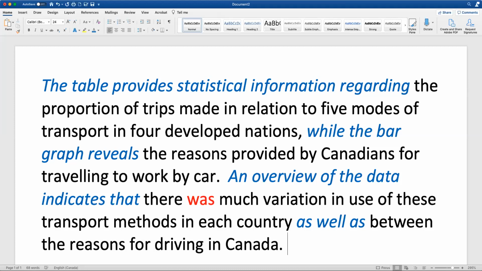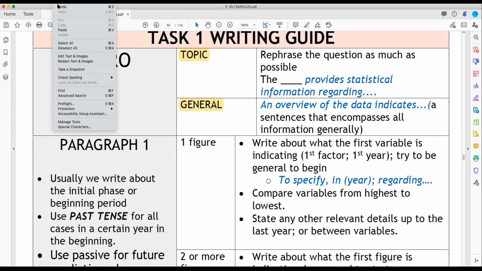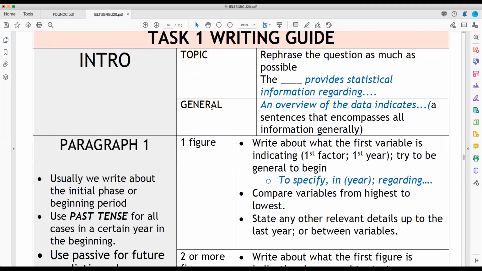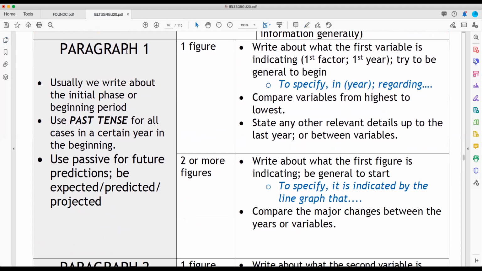So now, according to our guide, we're done with this here. So now when we get to paragraph 1, in here we have 2 figures. Remember, there's 1 chart or there's 2.